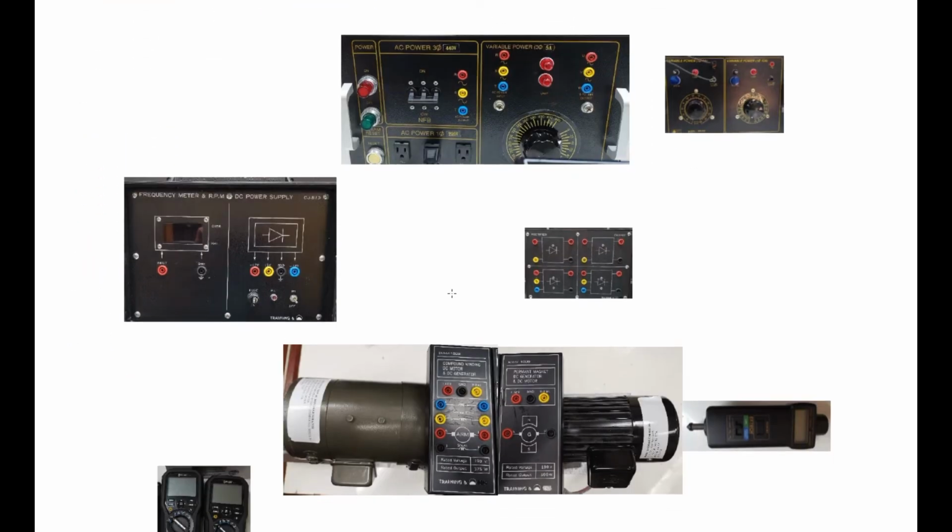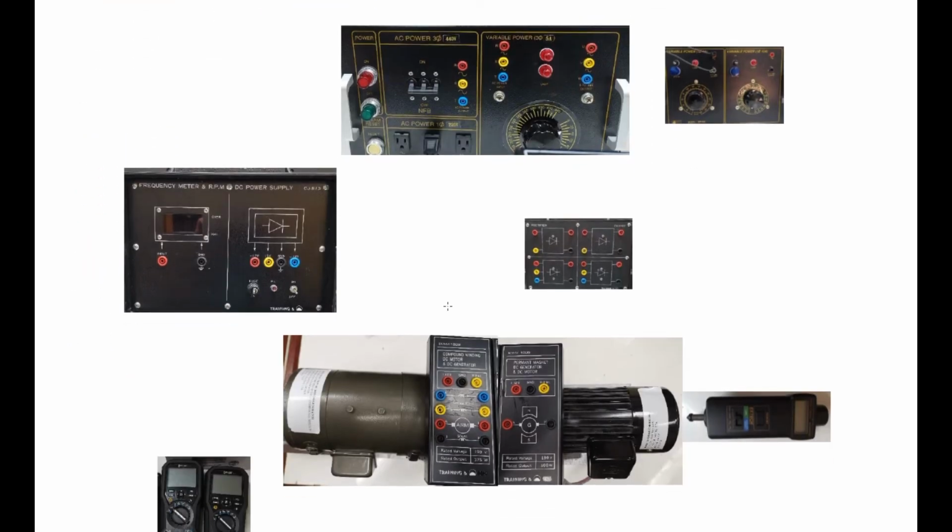Now, the experiment itself will be done using this equipment. We have the motor, so this is our DC motor here, and the DC generator on the other side. They are mechanically coupled. I'll show you a photo afterward from the side, another view where you can see the mechanical coupling between those two machines.